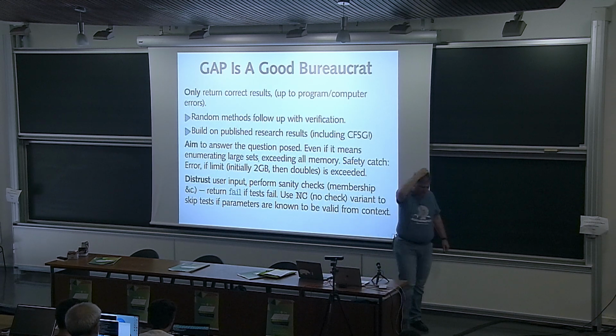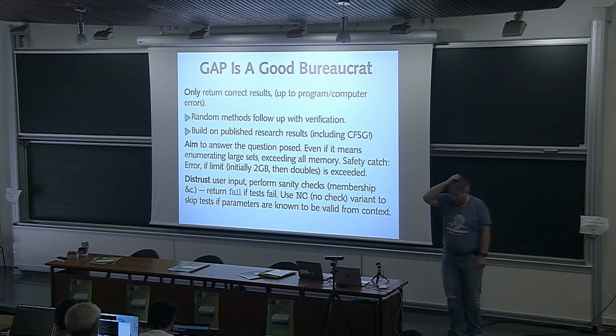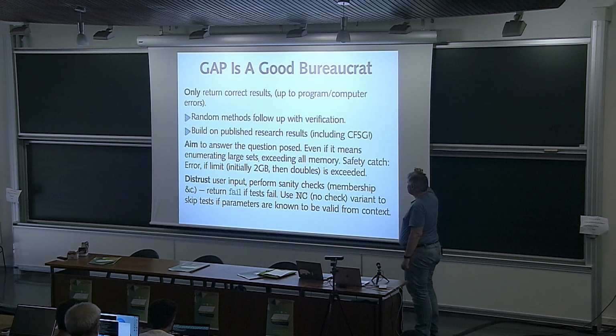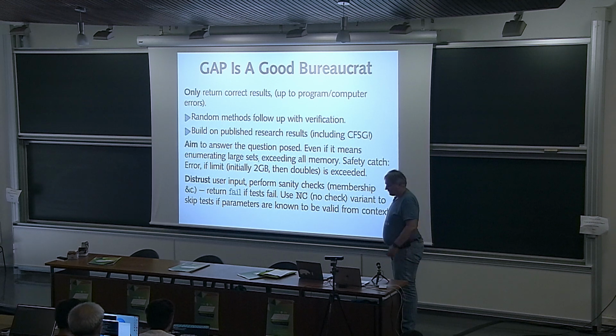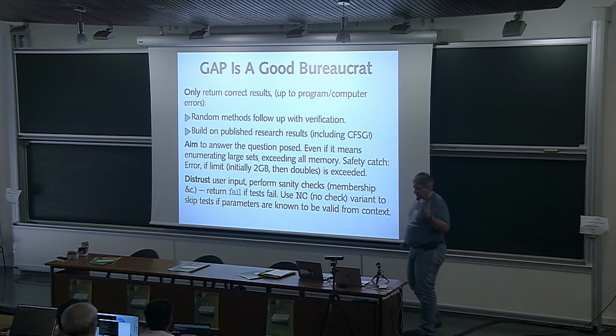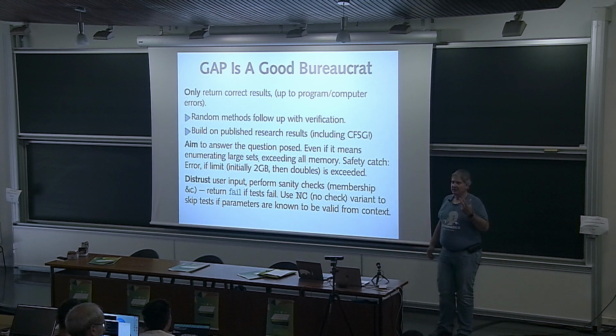GAP tries to do things in a way that one can justify the results. So the goal is that it will only return correct results, well, up to program errors or computer errors. But if it gives a result, it's in some way a certified result.